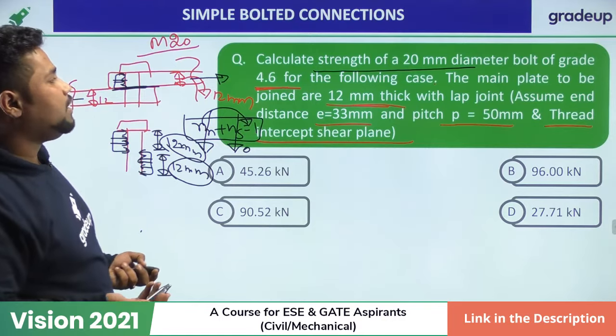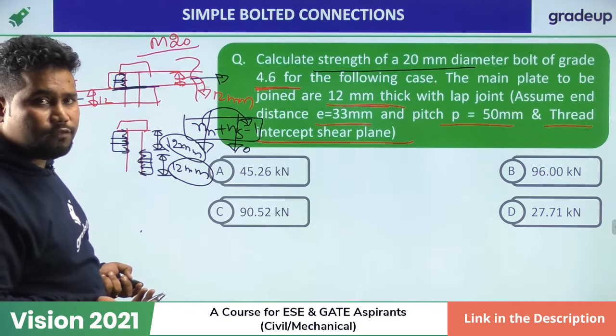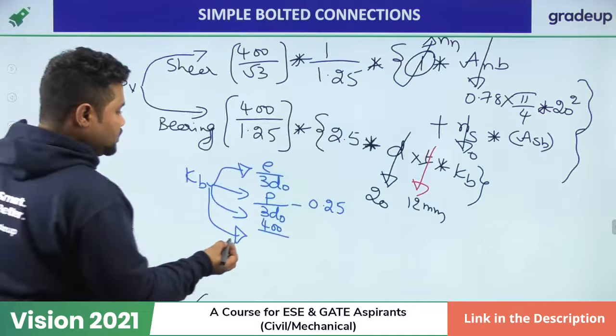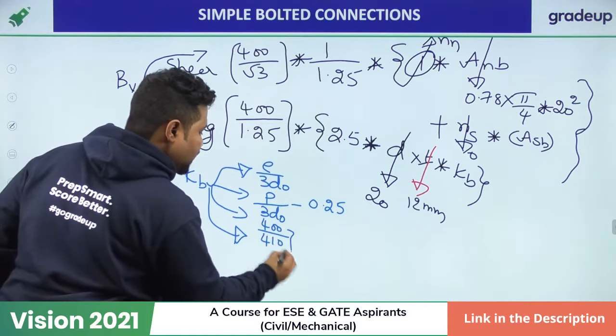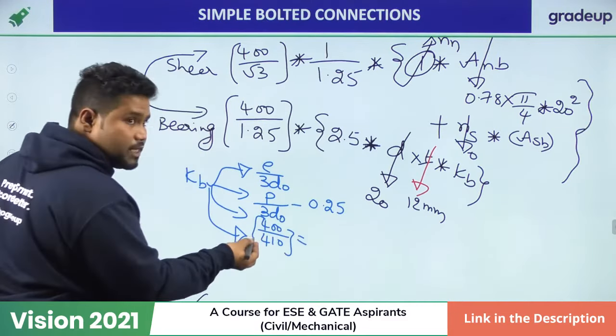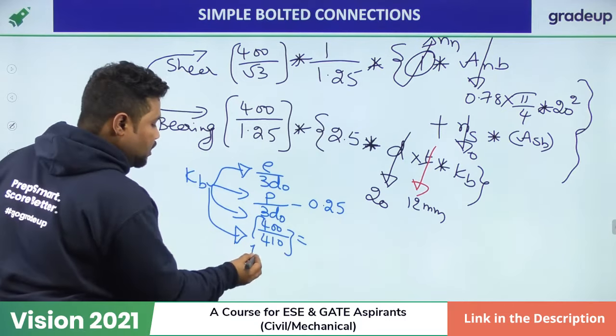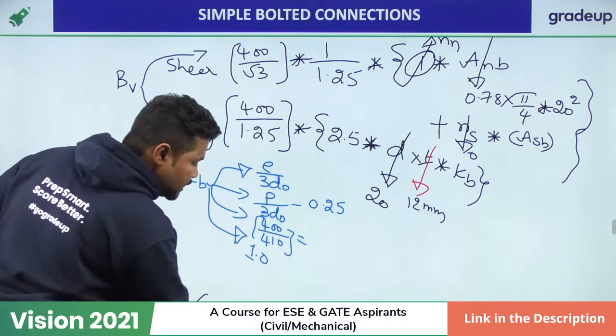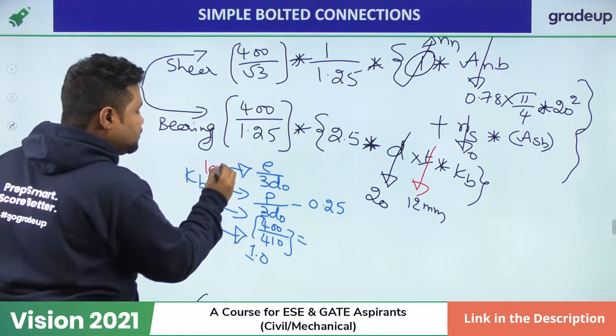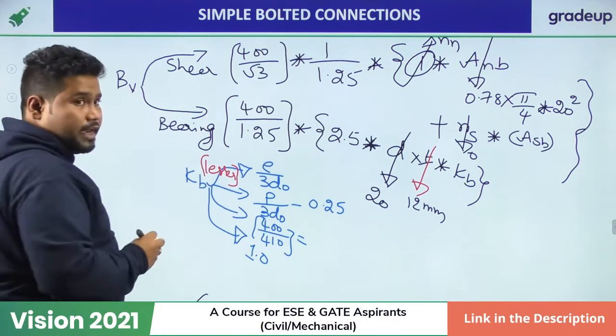If nothing was given for the main member, we can take Fe410 as granted. Out of these 4, whichever is lesser we take as per the code of practice, which is the bearing factor.